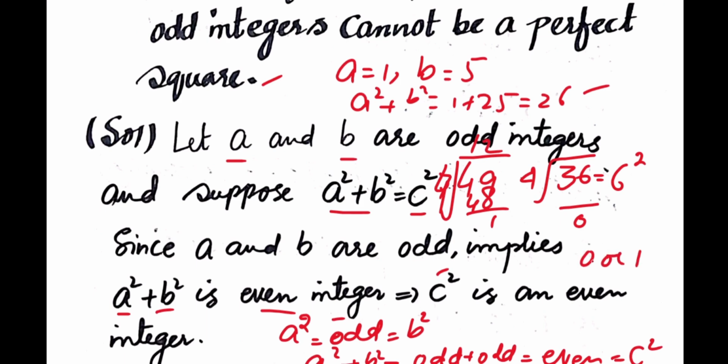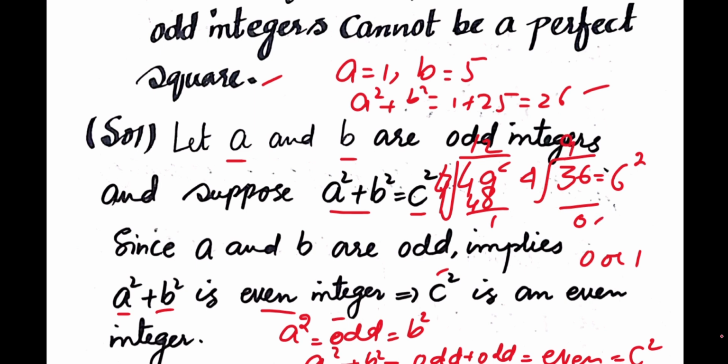But here are two categories. It is possible that your perfect square number is even, or it may be odd. But if your number is even and also a perfect square, then if you divide that number by 4, it always leaves the remainder 0.